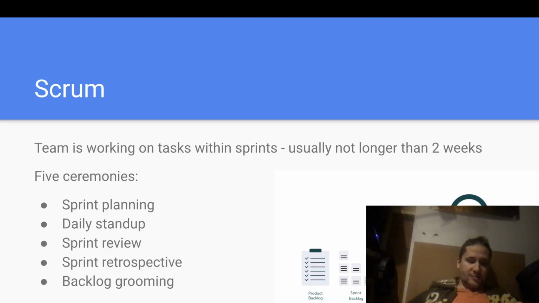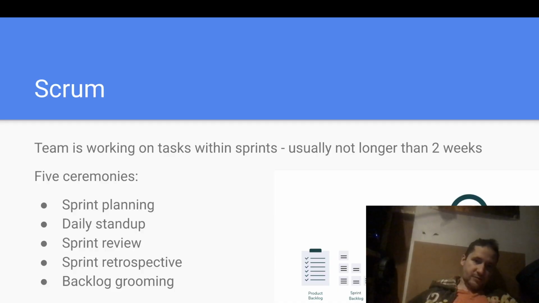So these stand-ups are not focused on talking about the weather, where we went on vacation last week, which team did win, and private conversations. We're not talking about that.